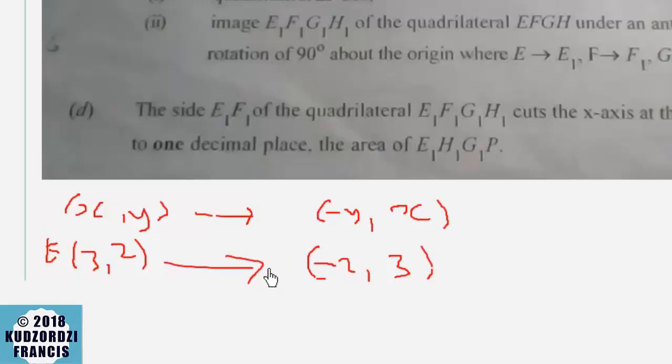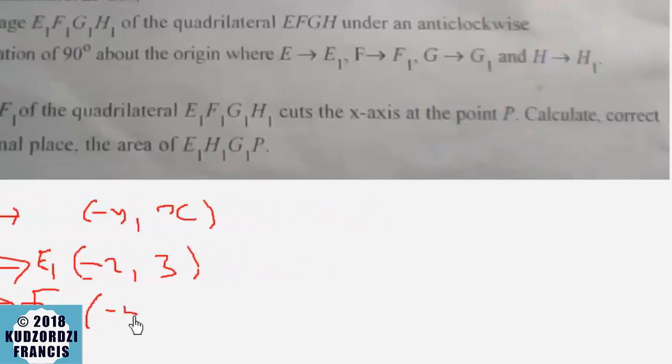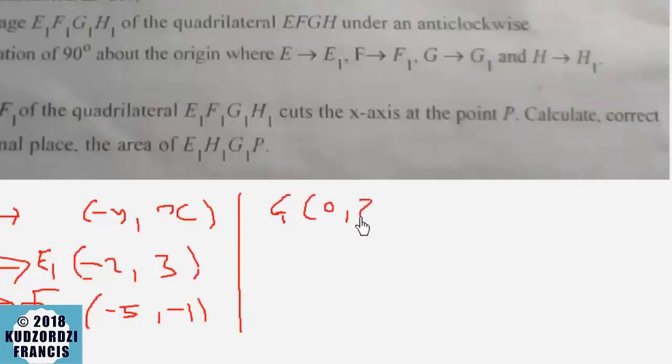So that is E will map onto E1. Then F with coordinate (-1, 5) will map onto F1 with coordinate (-5, -1). Then we have our G with coordinate (0, 8).